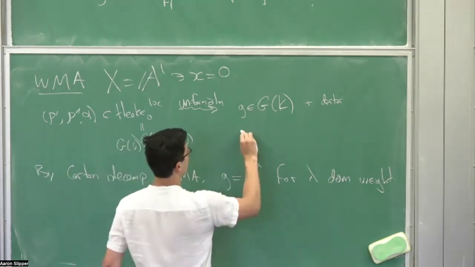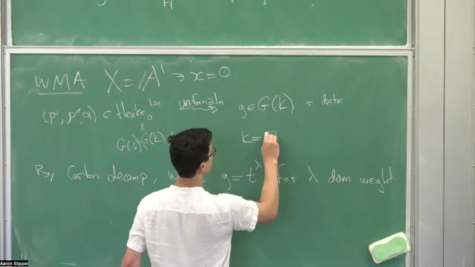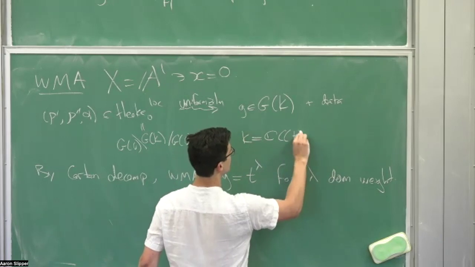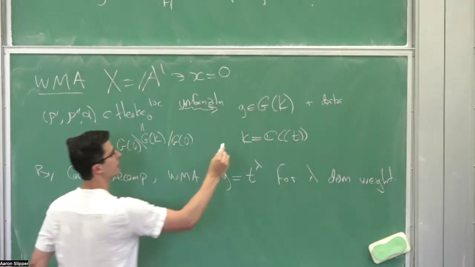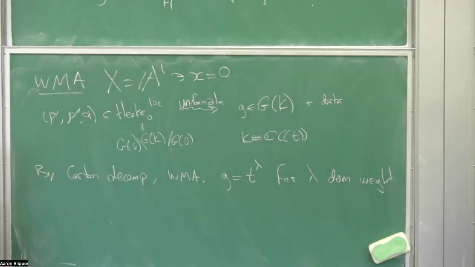So here I'm identifying a coordinate T. Make this identification. Okay, and now let me write down what the splitting looks like.